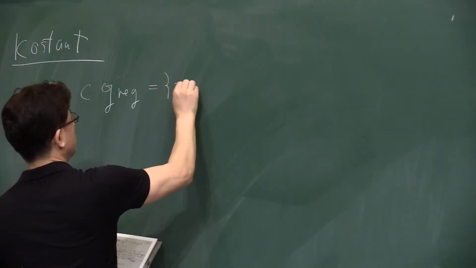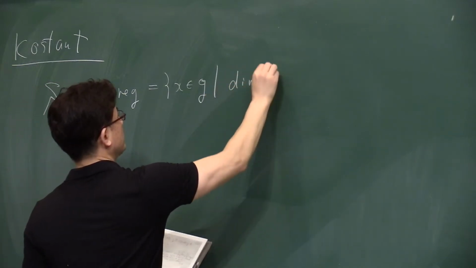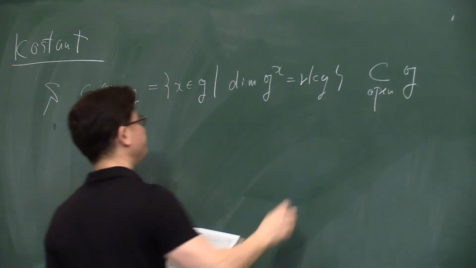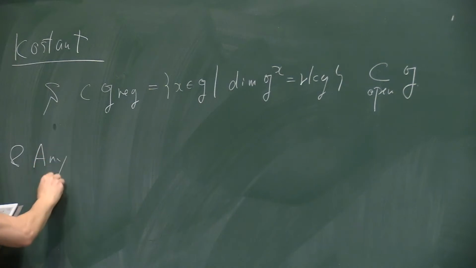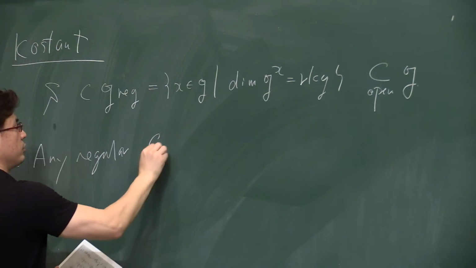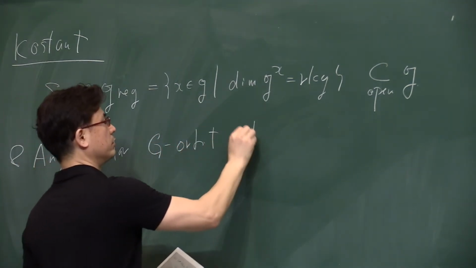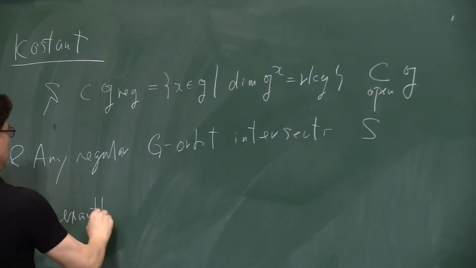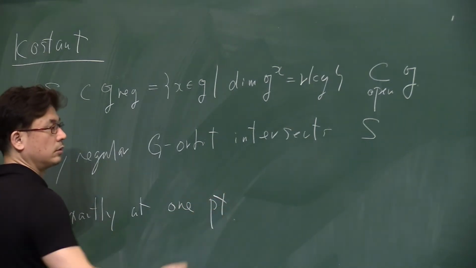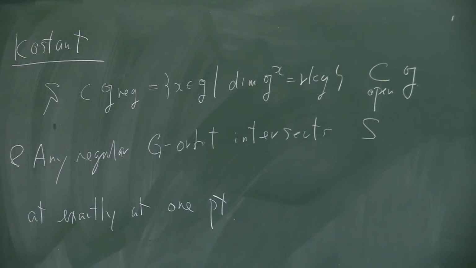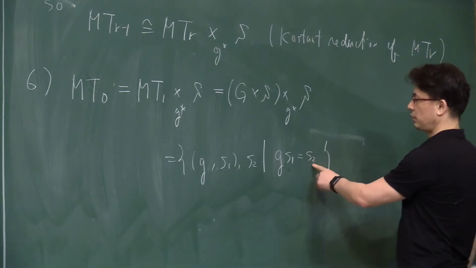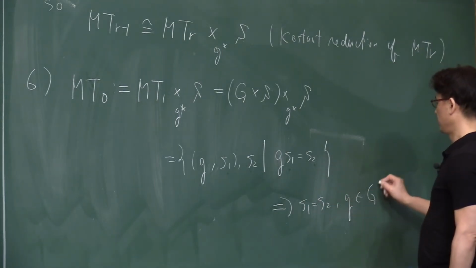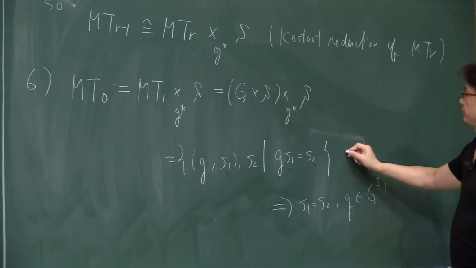This is an element whose dimension of centralizer is equal to the rank of G. And any regular G-orbit intersects S at exactly one point. So this is a result of Kostant. So this means if g s1 equals s2, and because both are elements of S, this necessarily means that s1 equals s2, and g is in the centralizer of s. So this is a set of elements.